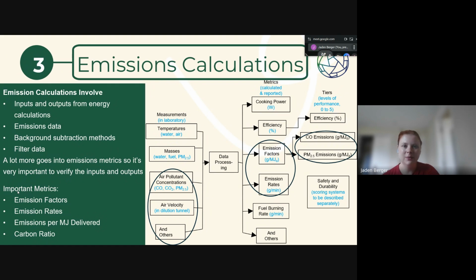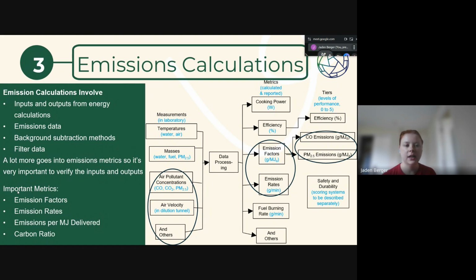So really the first step is those energy calculations and making sure they're correct. If your thermal efficiency from your energy calculations is way off, that is going to impact your emissions calculations. So we might as well correct the energy stuff before we go to emissions. That's going to save us time in the long run.